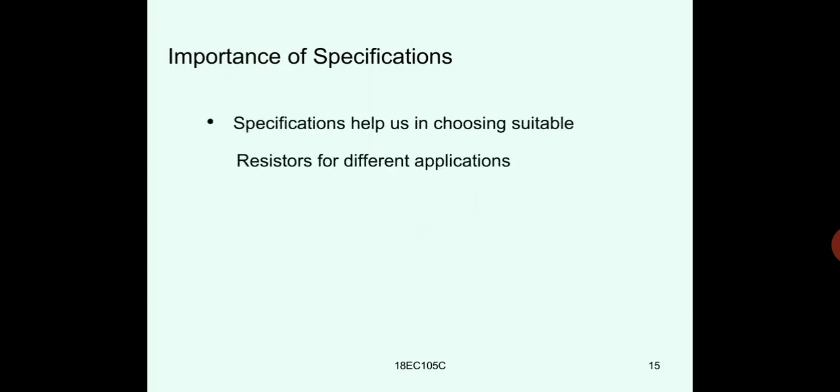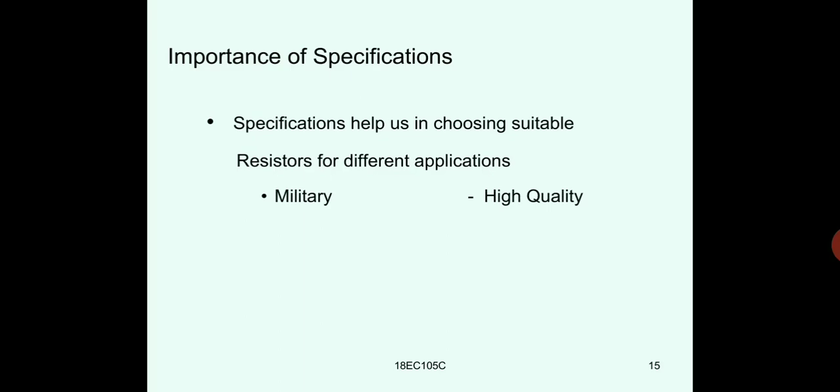So let us see the importance of the specifications, why they are important. The specifications help us in choosing the suitable resistor for the different applications. And how the applications are divided. Basically the applications of these electronics are widely divided into three areas.